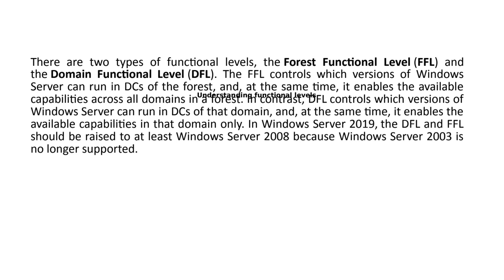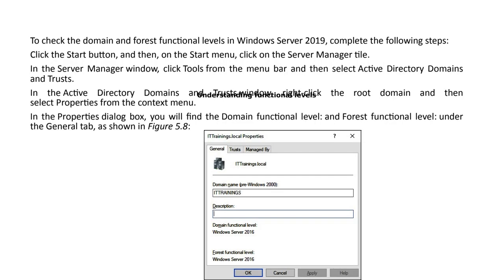In Windows Server 2019, the DFL and FFL should be raised to at least Windows Server 2008 because Windows Server 2003 is no longer supported. If you have legacy servers, 2003 is not supported, of course. Now this is for the lab.